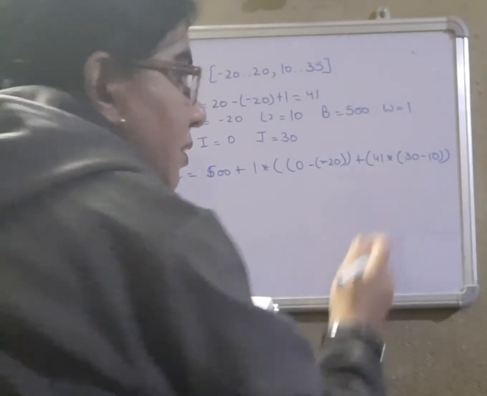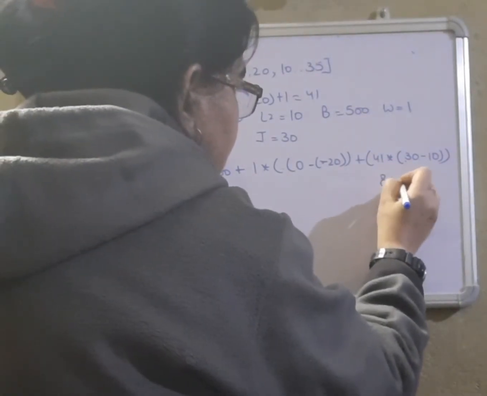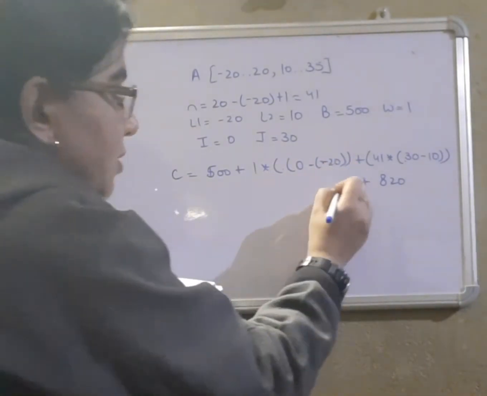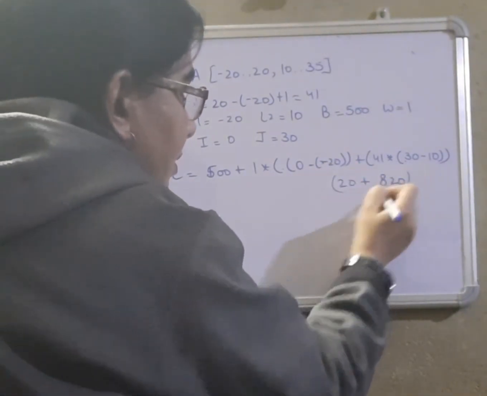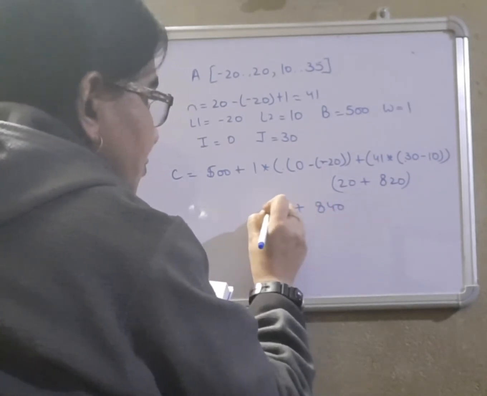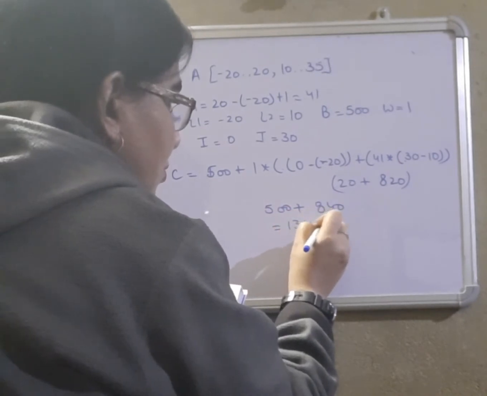So this is 41 into 20, how much is it? 820. Plus this is plus 20. 0 minus minus 20 is 20. It becomes 840 into 1 is 840 plus 500, which gives you 1340.